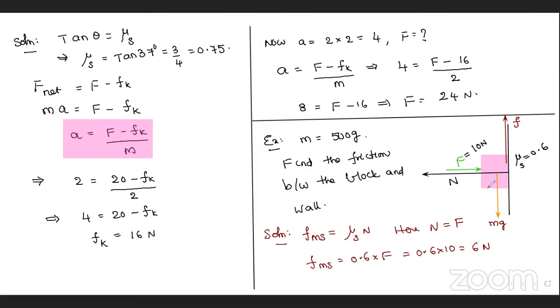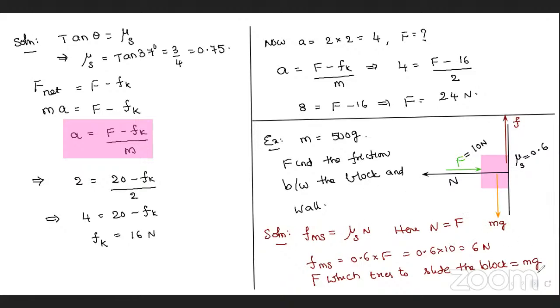And then here, the force which tries to slide the block downwards is mg. So F external acting on the body, or simply F which tries to slide the block, is equal to mg.